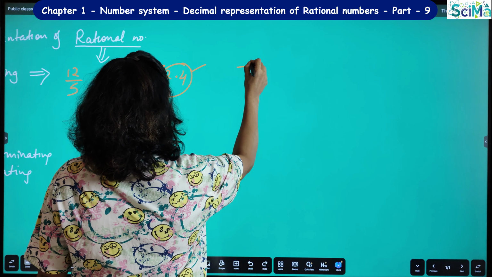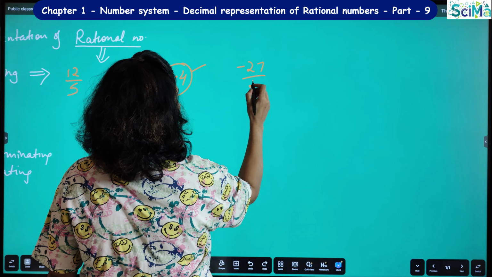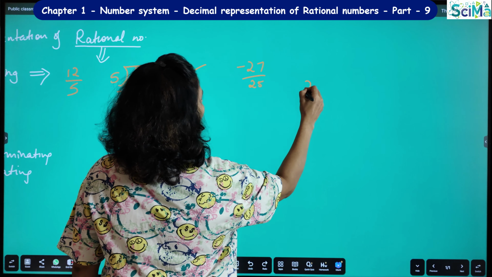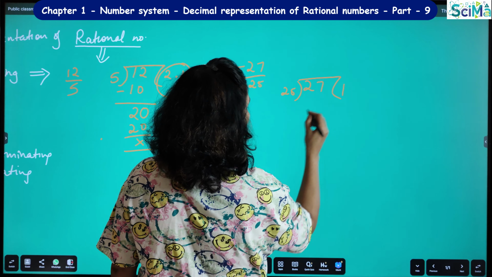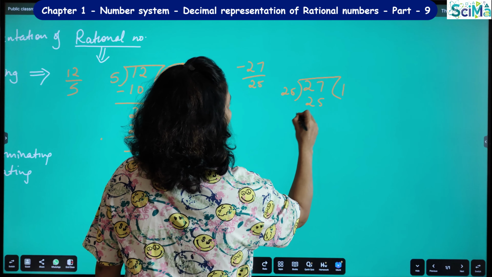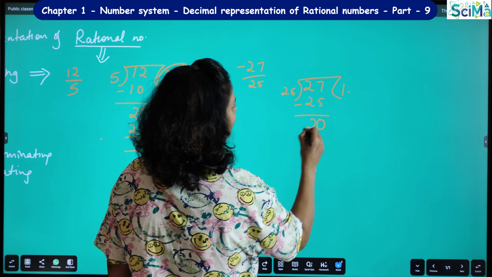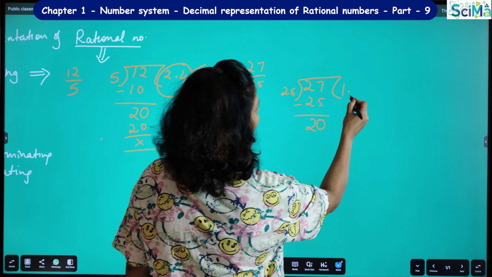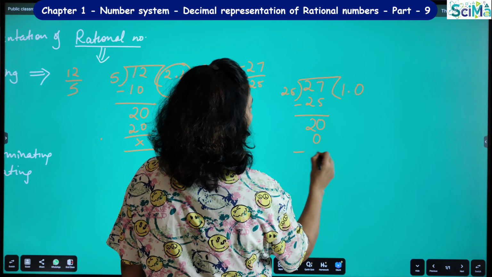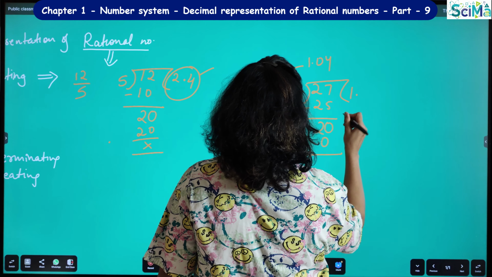Okay. Similarly, you can take one more example. We take negative 27 by 25. So 27 divided by 25, 25 ones are 25. You get remainder 2. You put a decimal, you put a 0 here. Still it is smaller. 20 is smaller than 25. You do 25 zeros are 0.